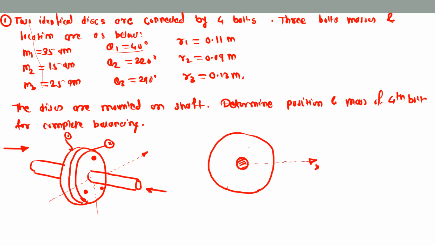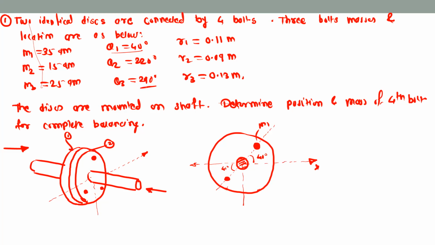With respect to the x-axis, the first bolt is connected at an angle of 40 degrees, and this is the mass M1. Second is connected at an angle of 220 degrees. With respect to the negative x-axis, it is at 40 degrees. So this angle is 40 degrees.